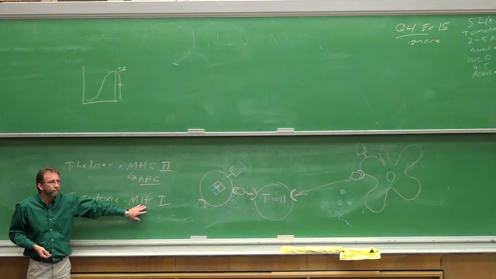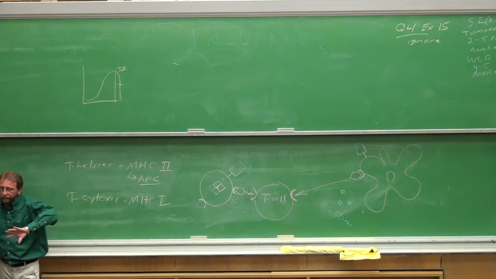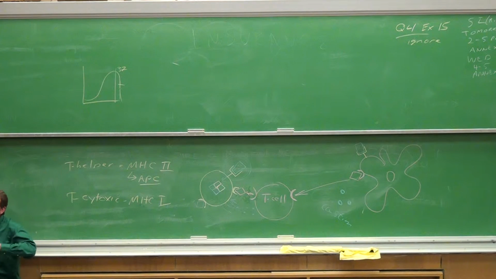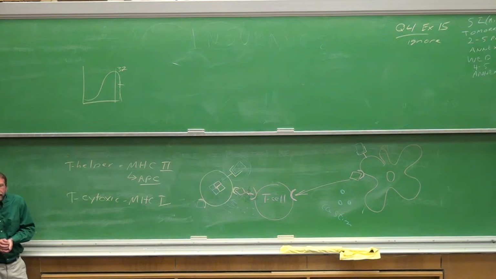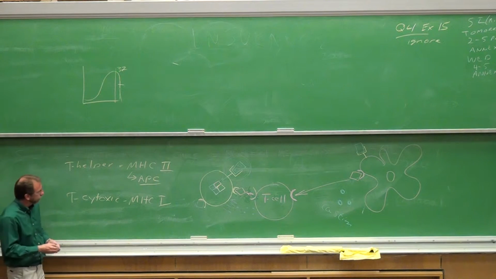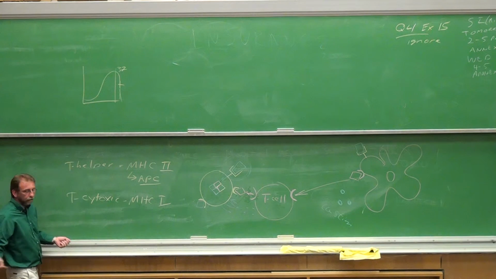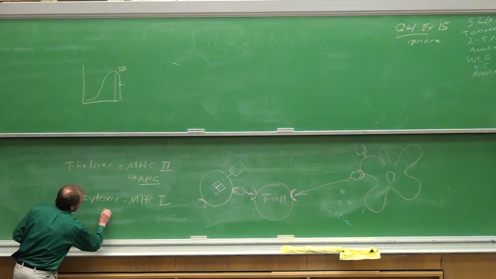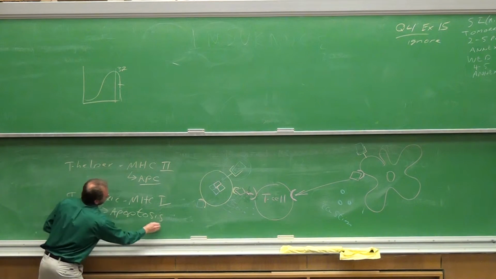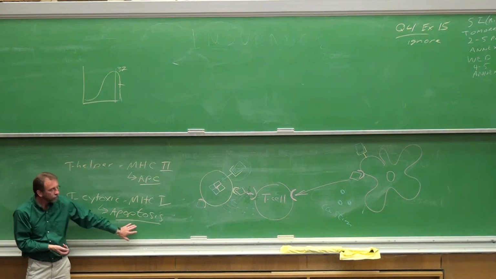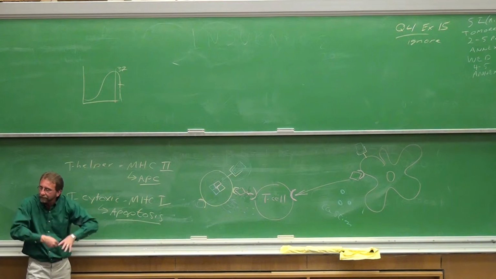This is a way of determining whether or not that cell maybe has been infected by a virus, because it's sampling internal structures and presenting those to the cytotoxic T cell. If it recognizes something that tells it the cell's been infected, it will release cytokines or molecules and cause apoptosis, which is cell destruction from the inside.